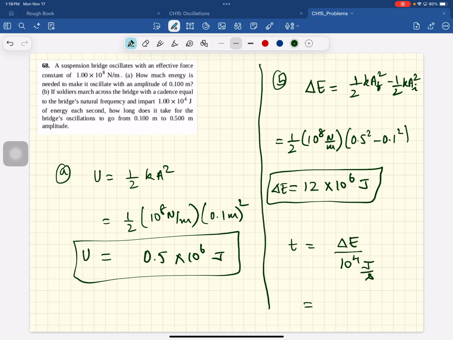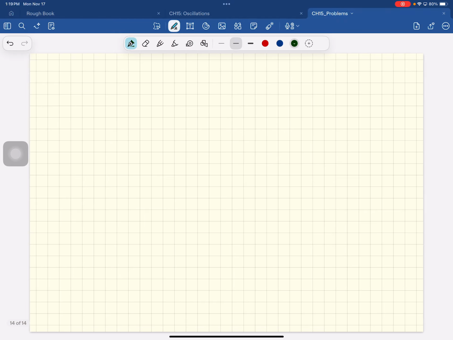Okay. So 12 times 10 to the 6 joules divided by 10 to the 4 joules per second. Okay.